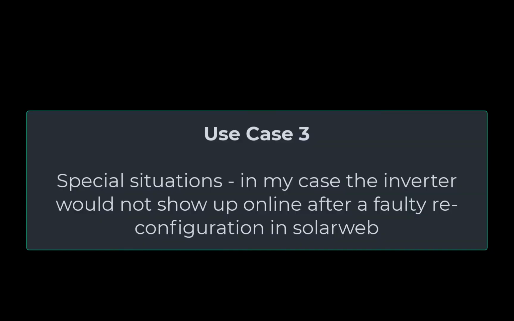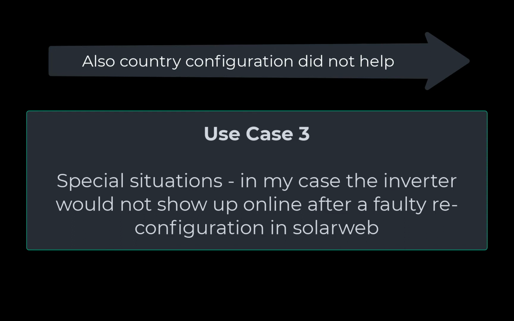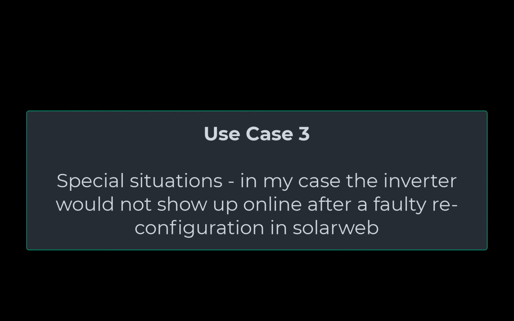Last but not least, you might come across some special situations like I did. I have exchanged the Data Manager 1.0 for the 2.0 in the past, but last time, after some non-essential internet-based reconfiguration of the data manager, Fronius SolarWeb would not want to show me the connected inverter anymore. I got in contact with Fronius support and have been following their instructions of reconfiguring the country settings of the inverter as well as restarting it.